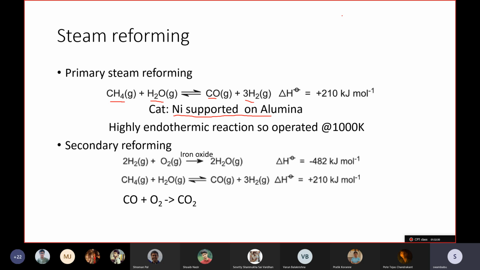The metal catalyst especially will be more active at high temperature. Activity means free valency electrons are present in those areas, and more free valency electrons are present when the temperature is higher. That is why high temperatures are preferred for catalytic reactions: the catalyst needs to be active, and the free valency electrons present should be enhanced.